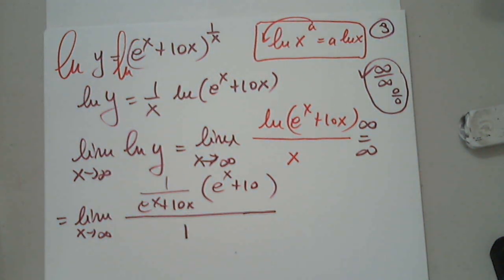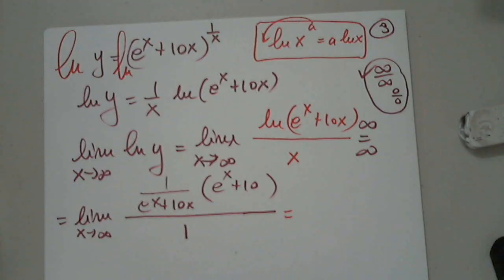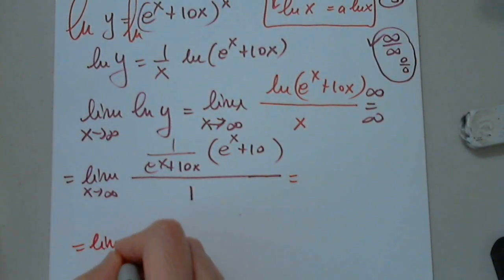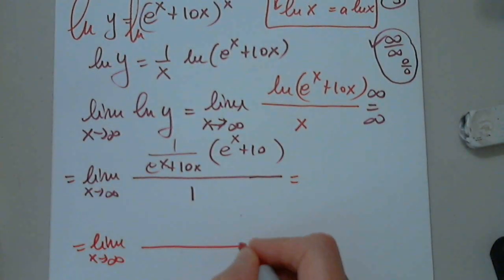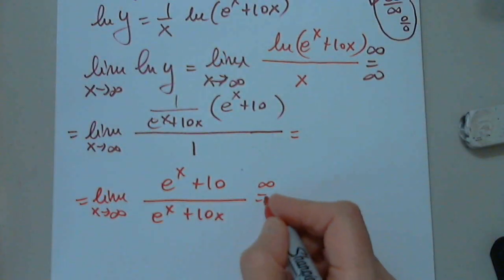Awesome. Okay, great job. Excellent. Thank you. Good. So now we have limit as x approaches infinity of e to the x plus 10 over e to the x plus 10x. Yes, of course, it's still infinity over infinity.